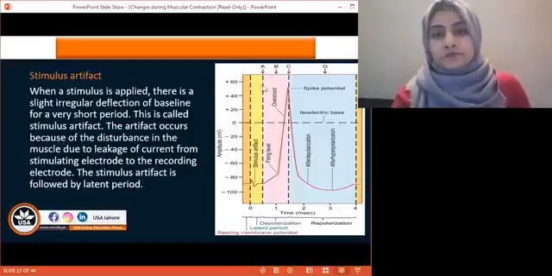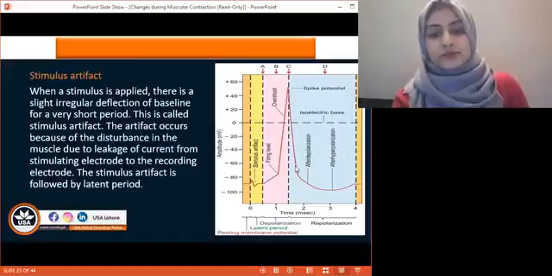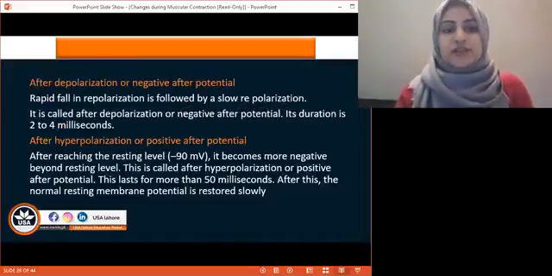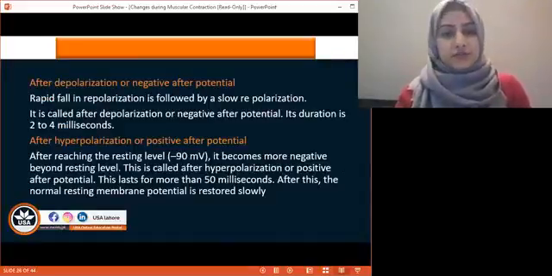And you see after the overshoot of plus 55 millivolts, the depolarization quickly turns into repolarization. Now we have after depolarization or negative after potential. Rapid fall in repolarization is followed by slow repolarization.